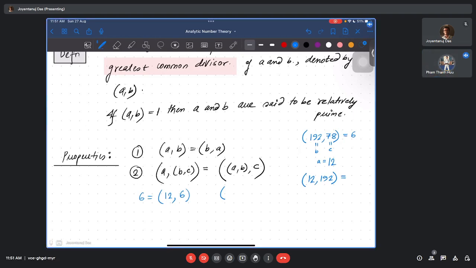The GCD is 12. Then 12 and 78, so that is also 6.